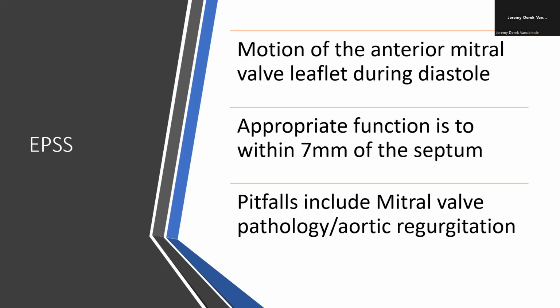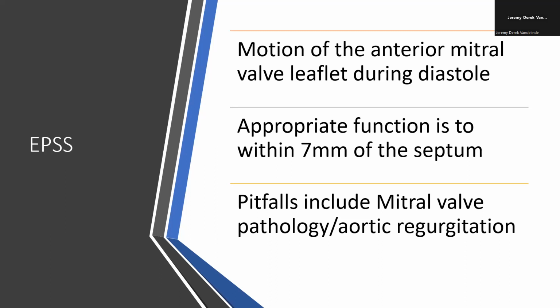It correlates with poor ejection fraction if the anterior mitral valve leaflet doesn't make it within 7 millimeters of the septum. However, ultimately, you can assess these based on a visual approach. But like with everything, there are pitfalls, which is why you want to include as many data points as possible in your assessment to make a call.